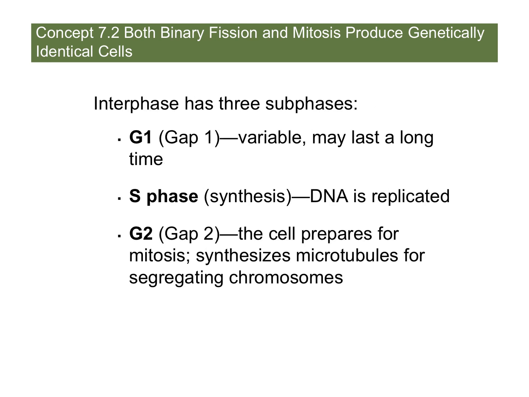Interphase has three subphases: the G1, which is variable, meaning that it may last a long time, it may be a short time. The S phase, which is when the DNA is replicated, and G2 is when the cell prepares for mitosis, making all the necessary proteins, such as microtubules, for separating out the chromosomes.